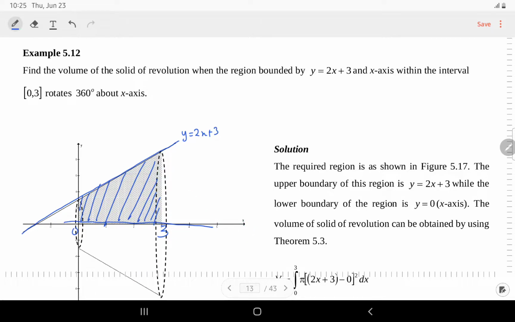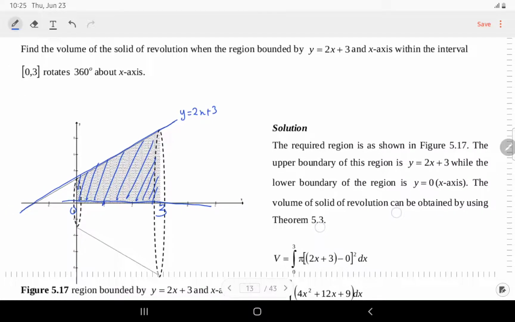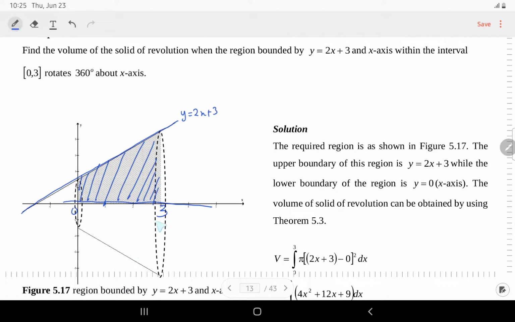Dia pusing dekat x-axis, and then you all boleh nampak dekat dalam ni dia akan jadi bentuk apa ni? Bentuk macam halo tu kot, halo. Okay. So kita nak cari volume untuk bentuk yang macam ni lah.